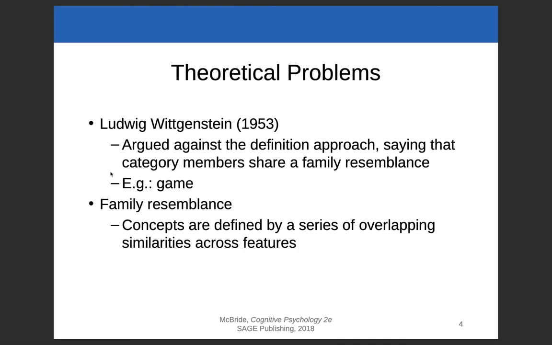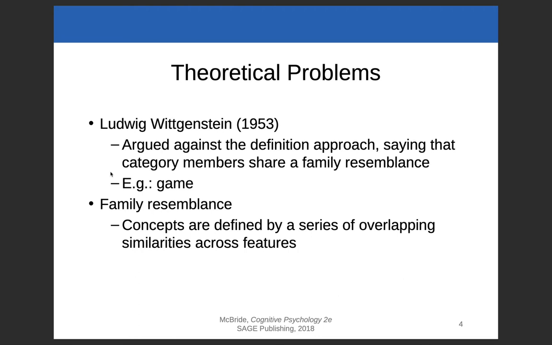One of the most famous examples of this came from Ludwig Wittgenstein, who in 1953 argued against the definition approach, because he came up with lots of examples showing that it's impossible to come up with a definition that satisfies a lot of different types of concepts.